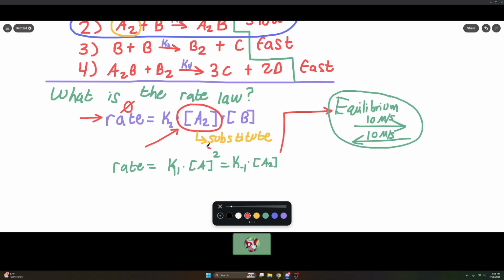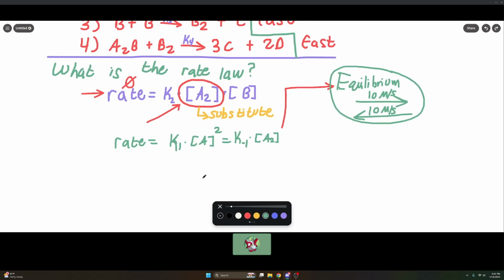So I can equate that forward rate law that I just wrote with the reverse rate law, which would have my A2. What this allows me to do now is I can just do some algebra and solve for A2 by dividing both sides by K-1. And I get that the concentration of A2 is equal to K1 times A squared over K-1.